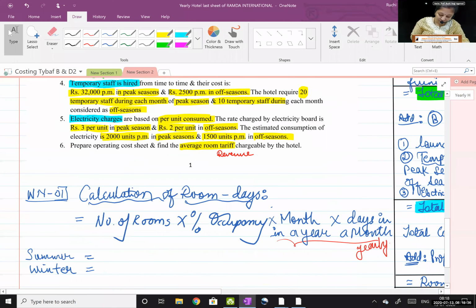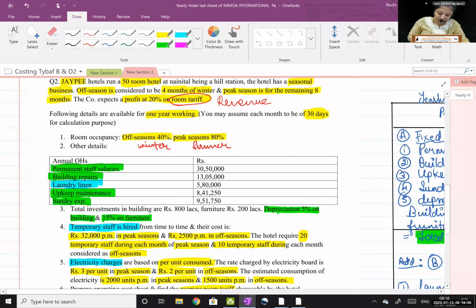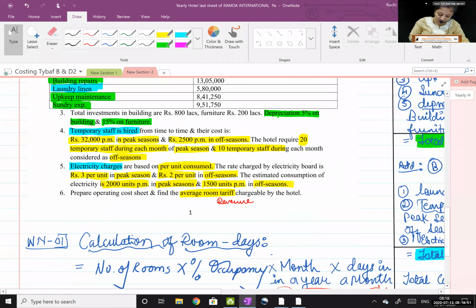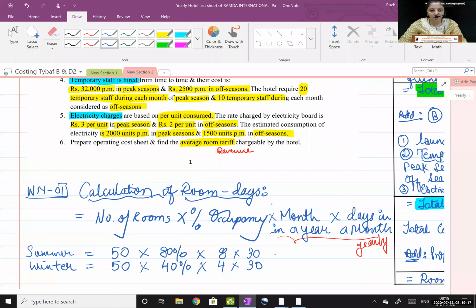So write here 50. Okay, percentage occupancy. Peak seasons it is 80 and off seasons it is 40. So summer it is 80, off seasons winter it is 40. Summer is of 8 months, winter is of 4 months. And they have said there are 30 days in a month. Okay, see if the question is silent, you have to take 30, and if the question mentions the number of days, you have to consider the question.